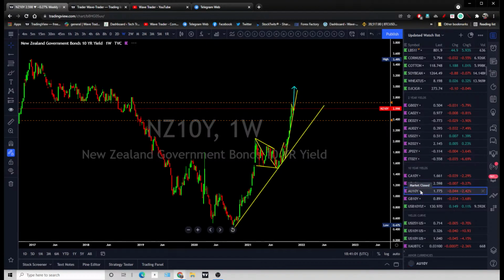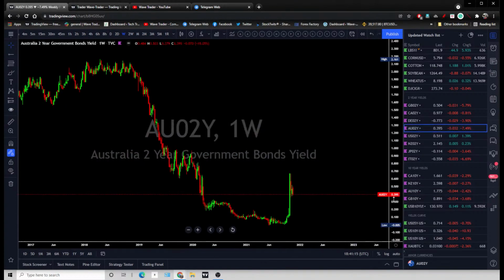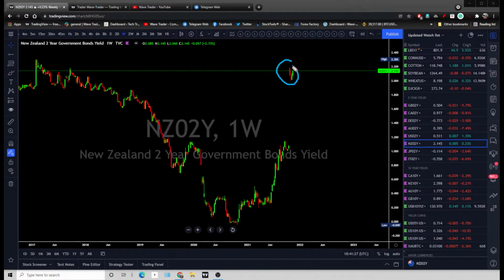Where the yield on the Australian 10-year is at 1.70 or 1.80, the 2-year yield on the Australian government bond is 0.40, which means they are not looking to raise the interest rate in a short period of time. But where is the yield on the New Zealand 2-year? At 2.14 or 2.15, which means they are raising the interest rate.